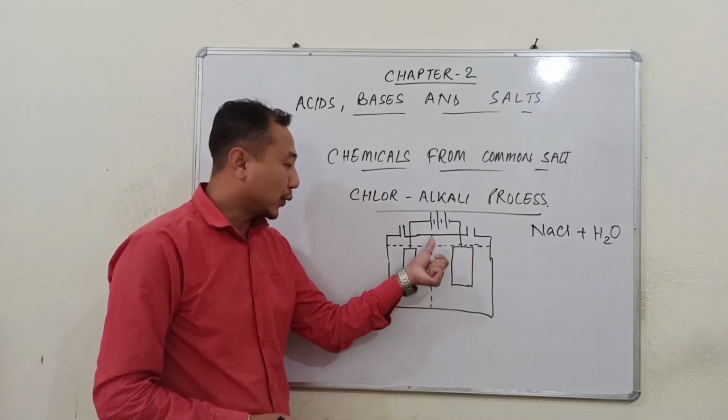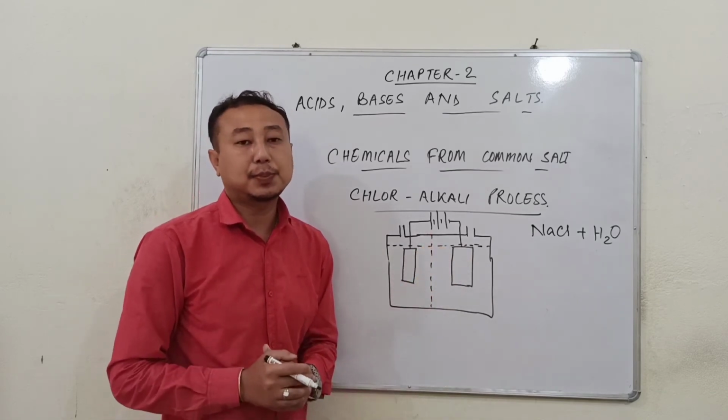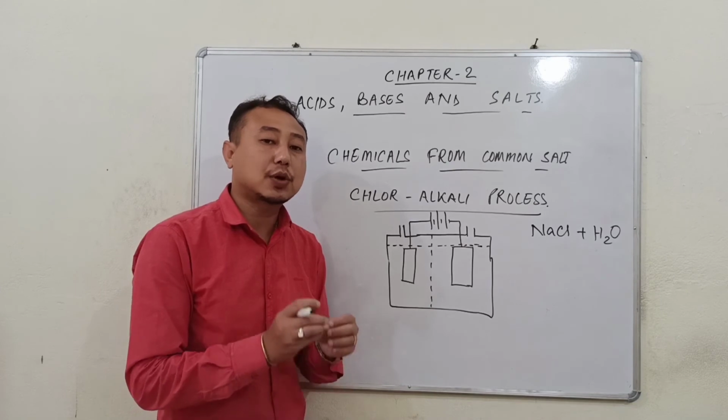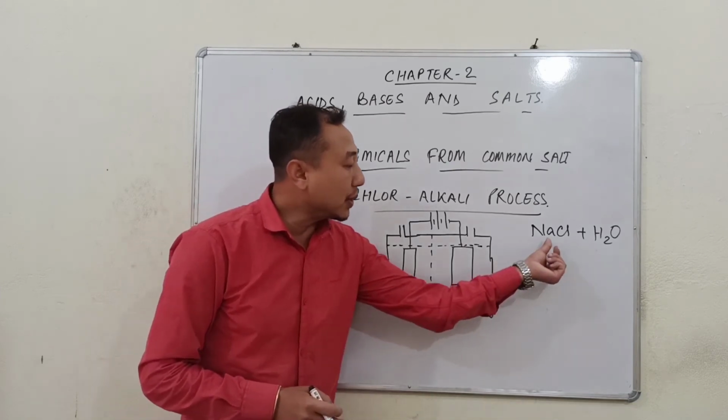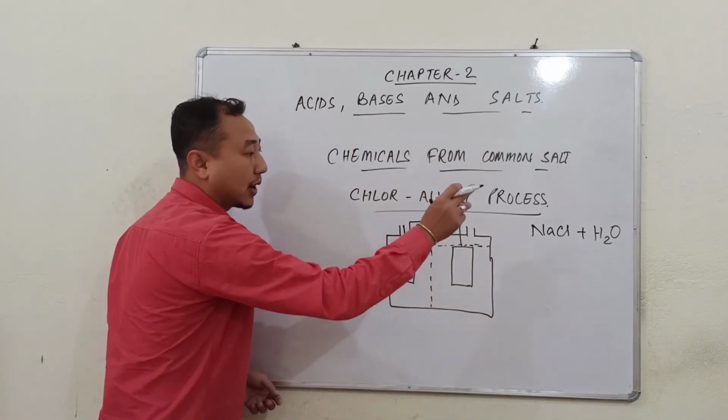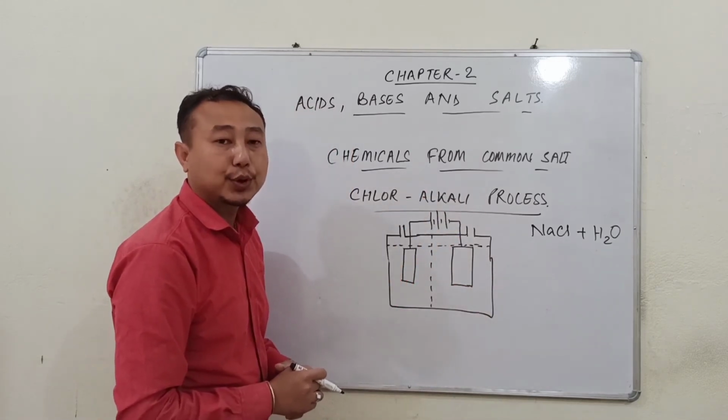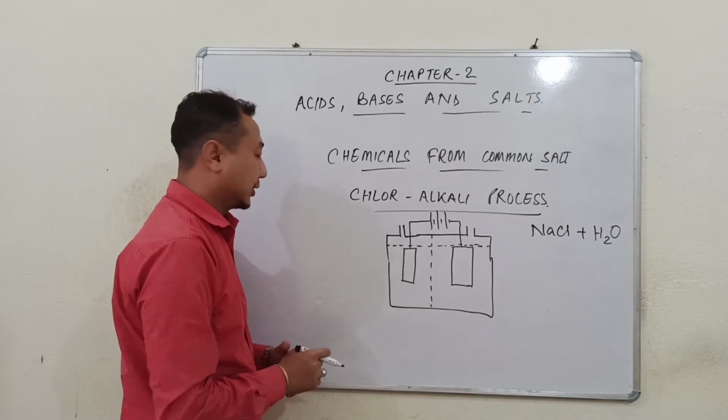Between these two electrodes, we are going to insert a semi-permeable membrane which allows the passage of only selective substances in a particular direction. So when we pass electric current, the sodium chloride as well as the water molecule will be broken down into their constituent components.